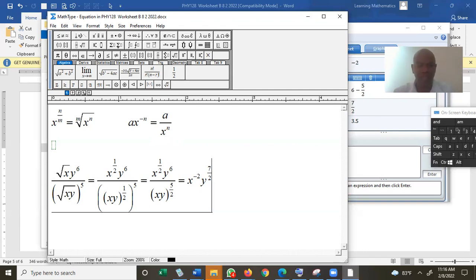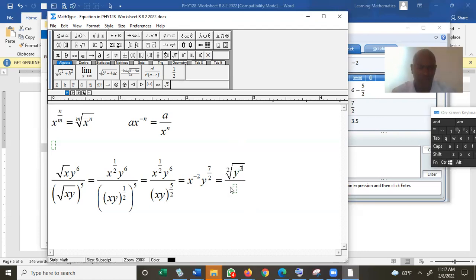Okay, so having said that, the y to the 7 over 2 can remain because the power is positive, but we can rewrite it in this way. Okay, so the 2 comes in there. You don't necessarily have to write the 2, it's not very common to write the 2, but I will still write it. You can just put square root and you don't have to put the 2.